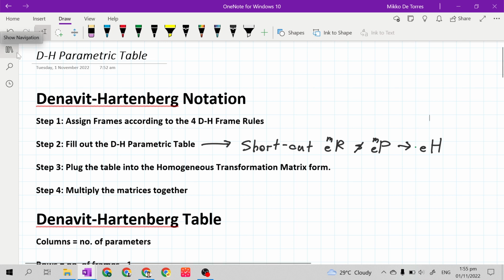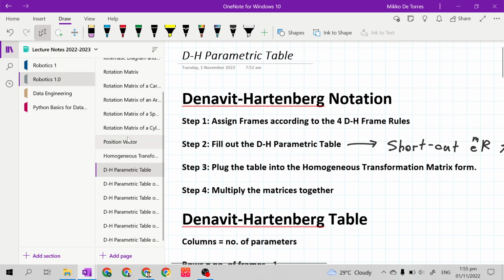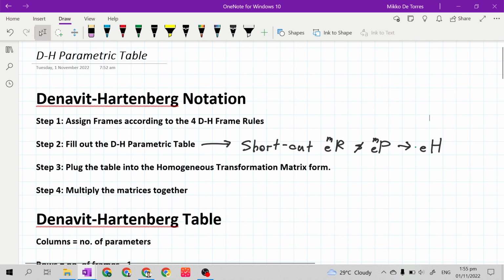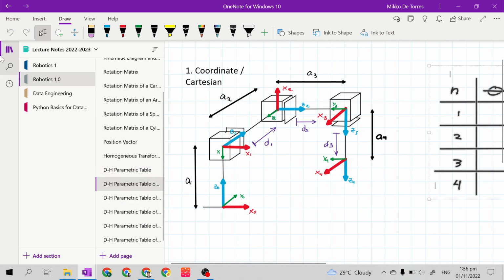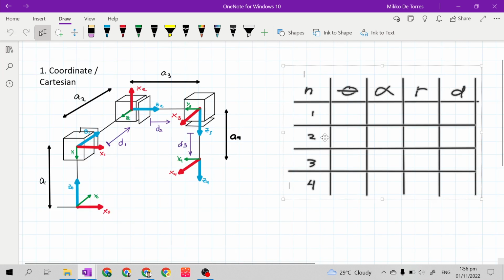The long method is to derive first the rotation matrices and the position vectors, then concatenate them to have a 4x4 homogeneous transformation matrix. While in the short method, we will use this kind of table to obtain the homogeneous transformation matrix.